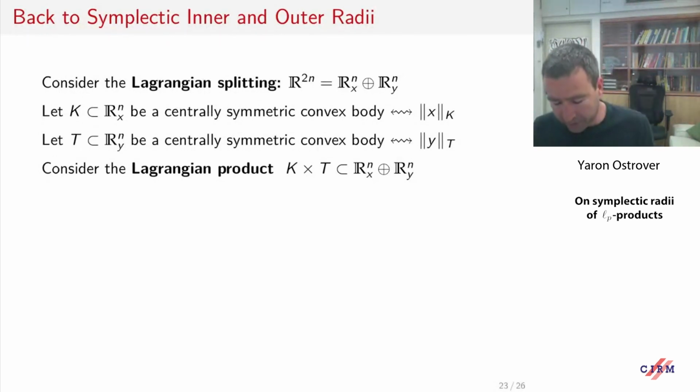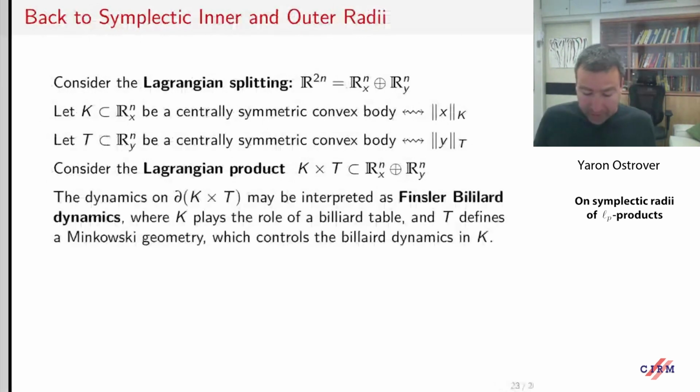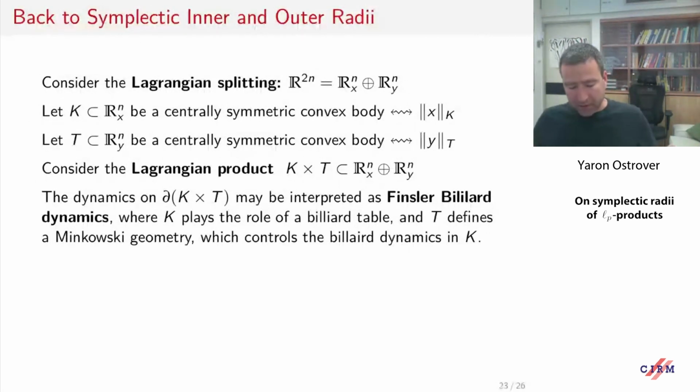And we want to say something about the Reeb dynamics on the boundary of this domain. And the Reeb dynamics on the boundary can be interpreted as a Finsler billiard dynamics.